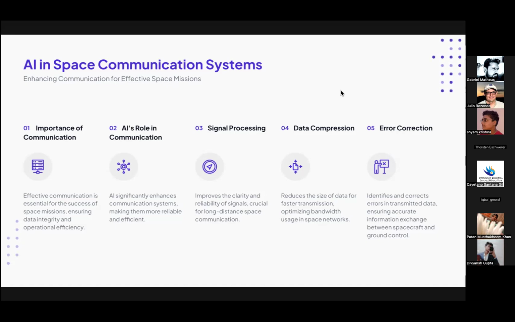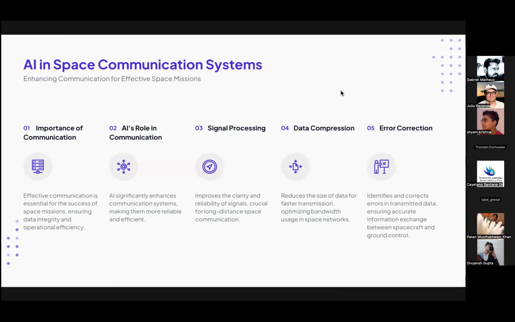And coming to data compression, for example, there are hundreds or thousands of images, which is a huge amount of data that needs to be sent back to Earth, which is a costly operation. But if we use AI to compress the data to a minimum, it can be easily transferred back to the ground station.